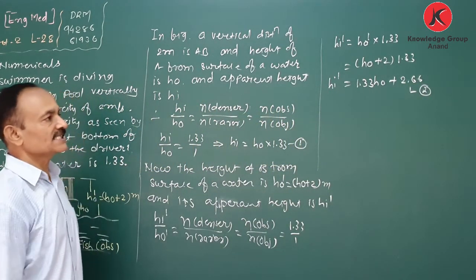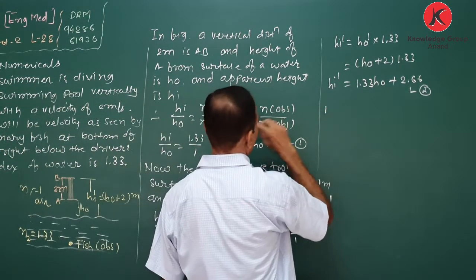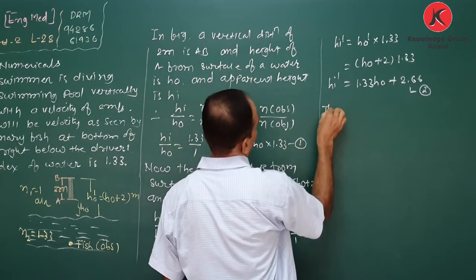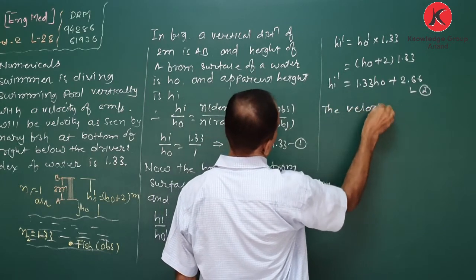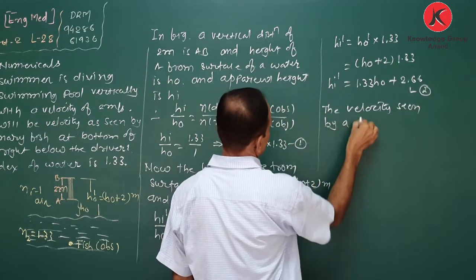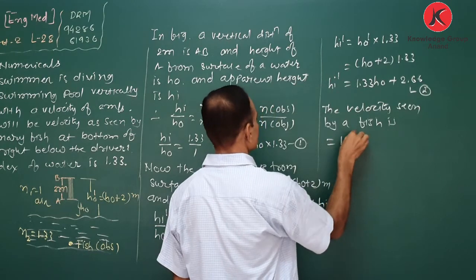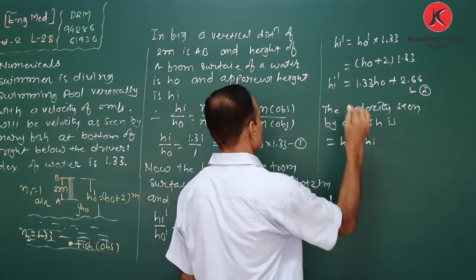Therefore, the distance between A and B, or the velocity seen by the fish, is equal to HI dash minus HI.